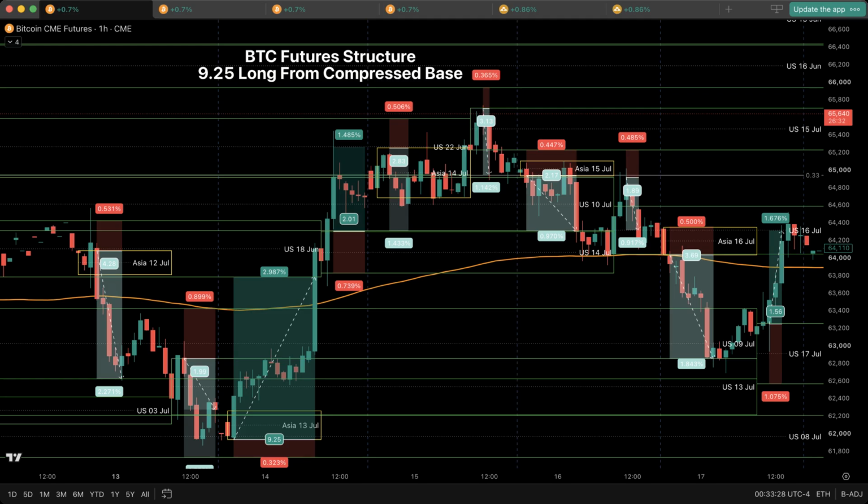For July 13th Asia session, the long setup appears. Long entry line. July 13th Asia session, lower boundary. Stop loss line. July 8th US session, lower boundary. First take profit line. June 19th US session, upper boundary. First trailing take profit line.